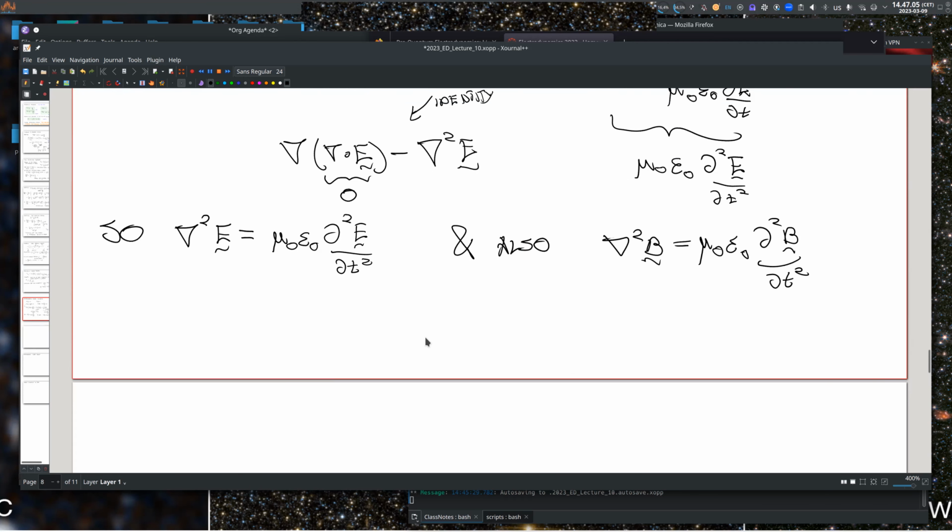So I get these wave equations in vacuum.